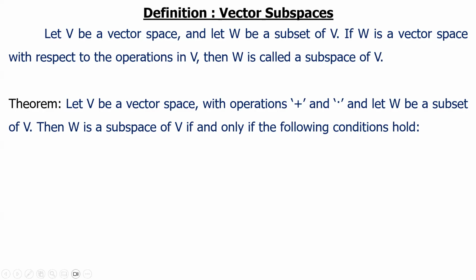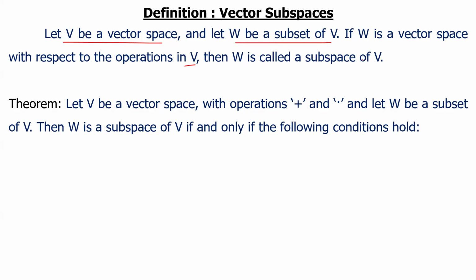So if we look at the definition of vector subspace, if V is a vector space and W is any subset of V, and W is a vector space with respect to the operations in V, then W is called a subspace of V. It means that V and W both are vector spaces and W is a subset of V. What are the properties of a vector space?